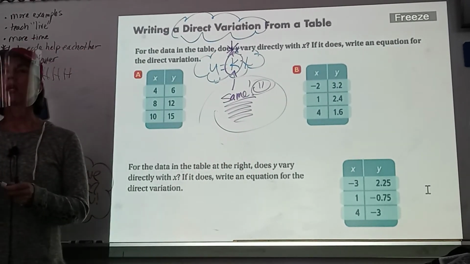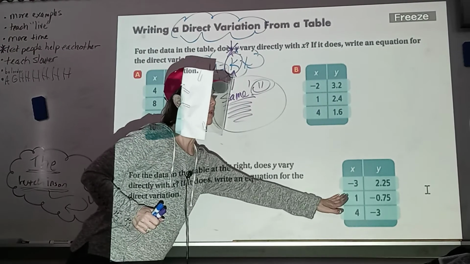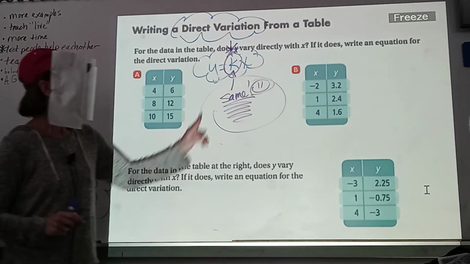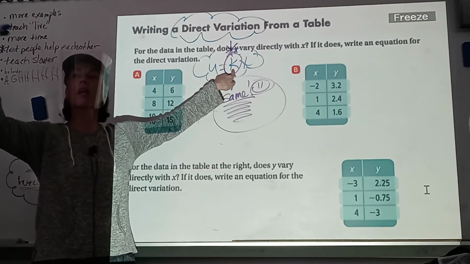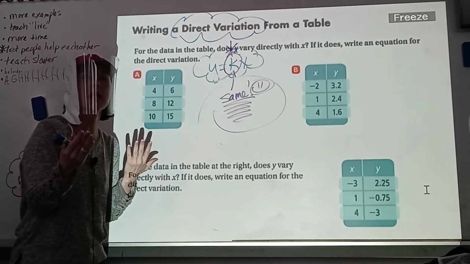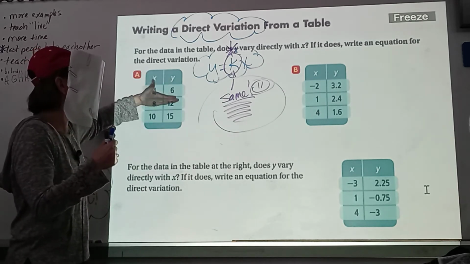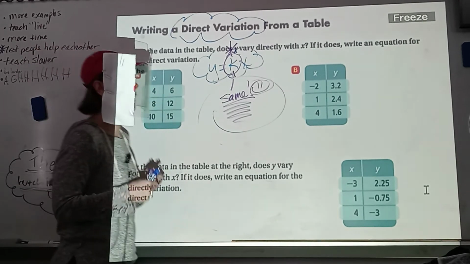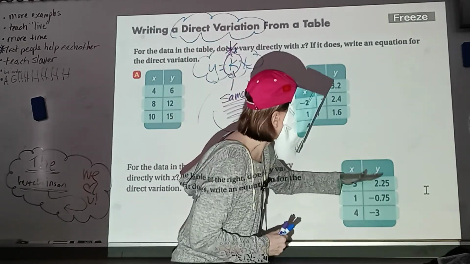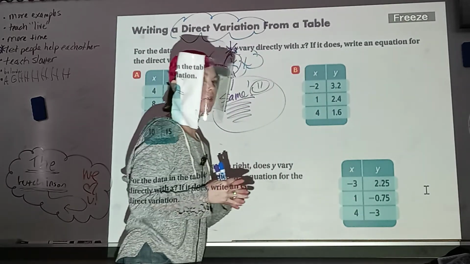Listen, guys, in order for any of these tables to be a direct variation, the k, the constant, has to be the same every single time. But how do we know if the constant is the same every single time in a table here?